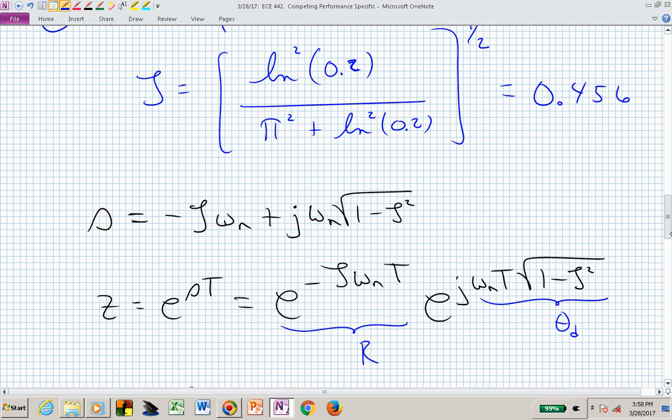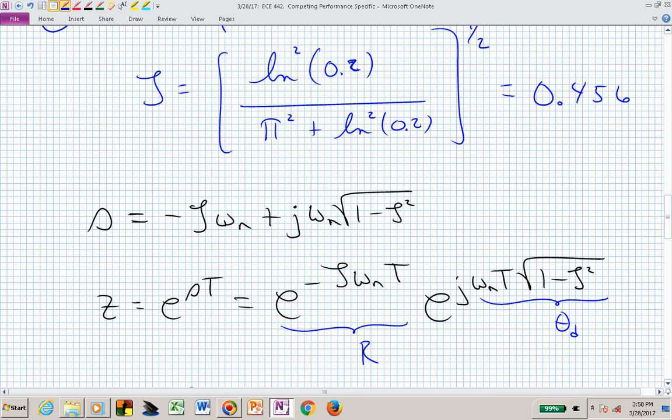We map that into the z-plane. We have z equal to e to the st. We multiply that exponent by T, and we can separate that exponent into two pieces using the properties of exponents.